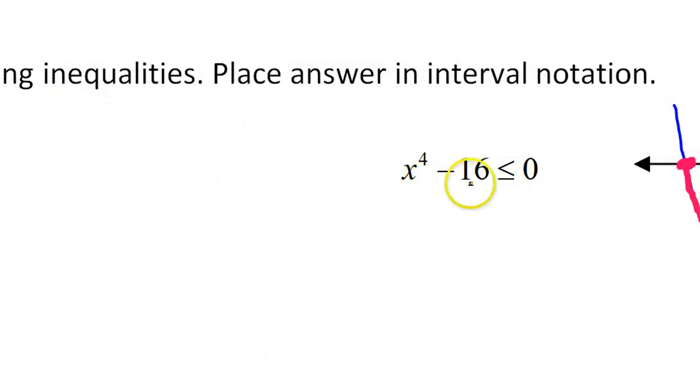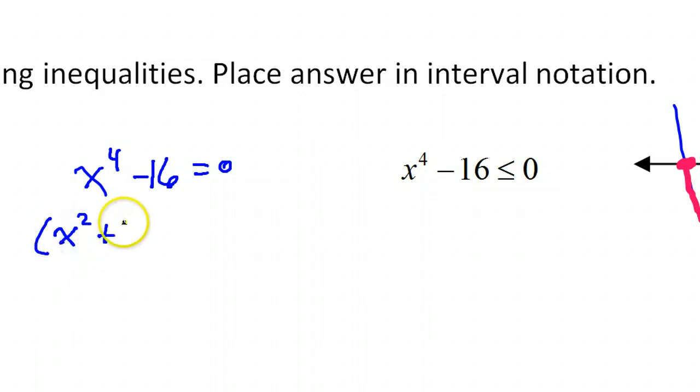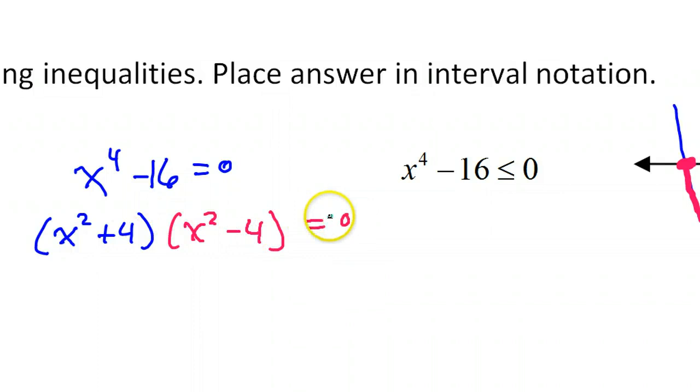I could factor this down. Alright, this is the difference of two squares. So, if I set x to the fourth power minus 16 equal to 0, so I could find the zeros, I could factor this. This would factor as x squared plus 4 and x squared minus 4, because this is the difference of two squares.